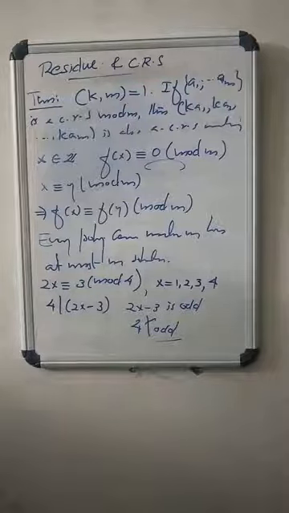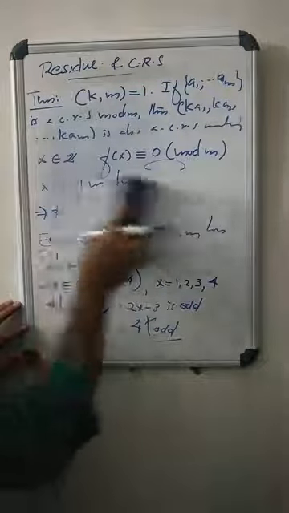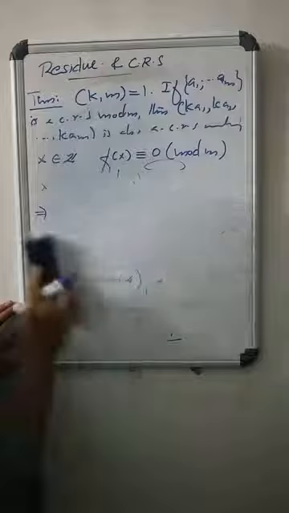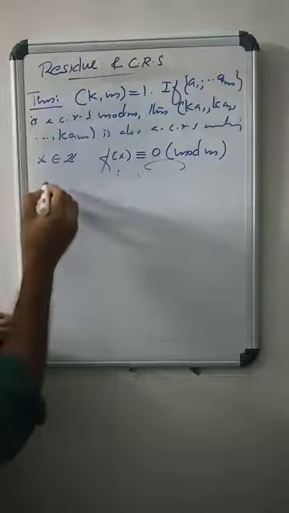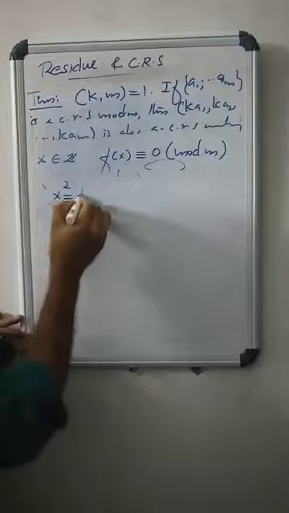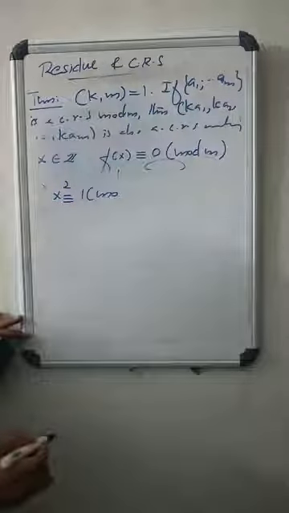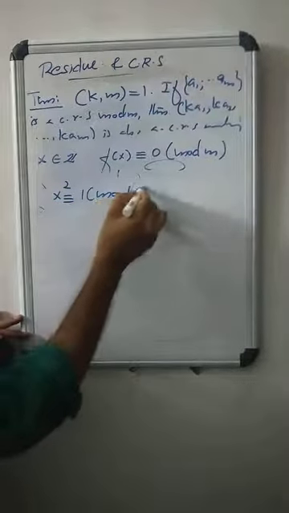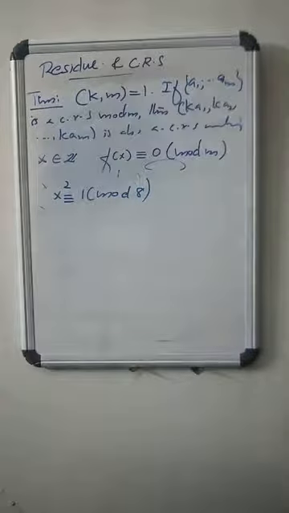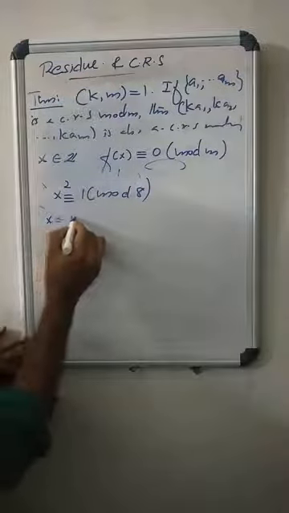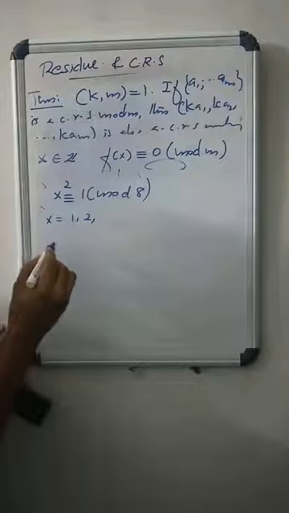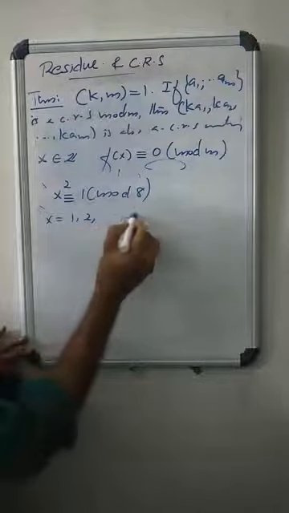Agree. Now consider another polynomial congruence: x² ≡ 1 mod 8. How many solutions are there? Here x equals 1, 2, and so on up to 8.